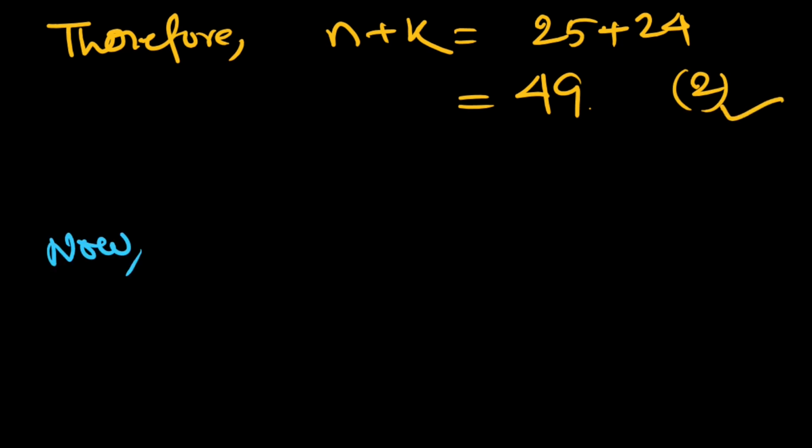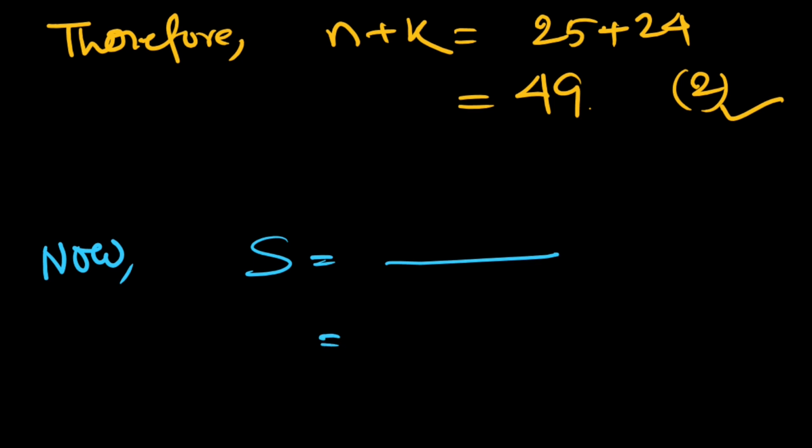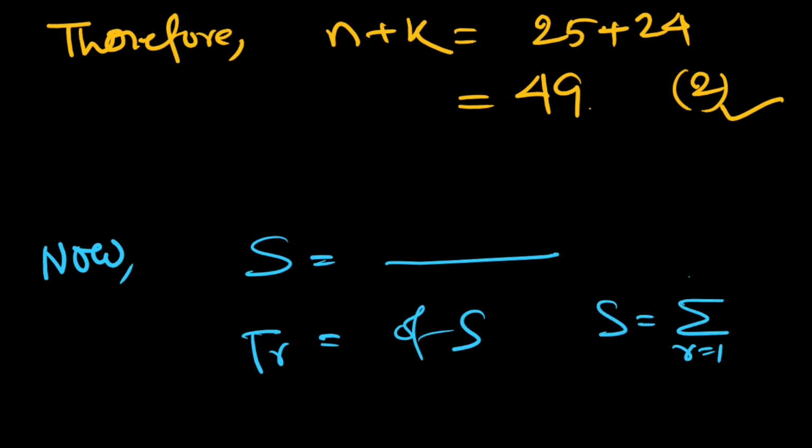In the overall question, S is given as some expression of factorials, and we see that a pattern is followed by the sum of these factorials. Then we write the general term TR of S, and S can be written as the summation from r is equal to 1 to 13 of TR.